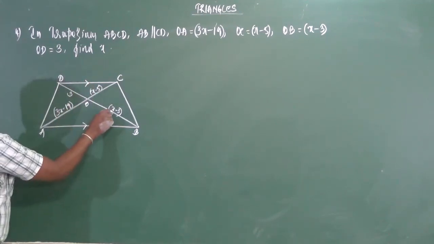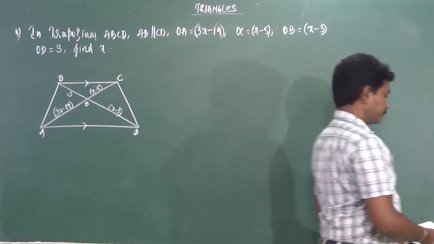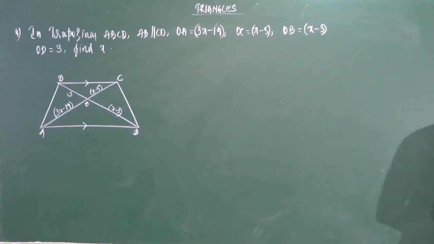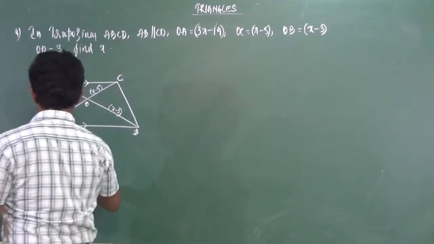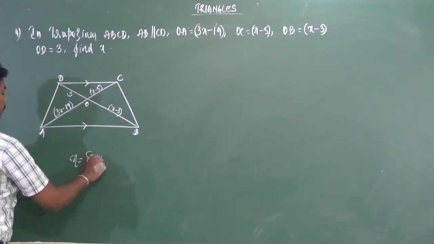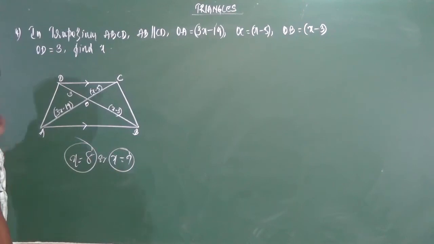You have to find the value of this x involved in the corresponding sides. For this, the answer you are going to get is x is equal to 8 or x is equal to 9. So this is the answer.